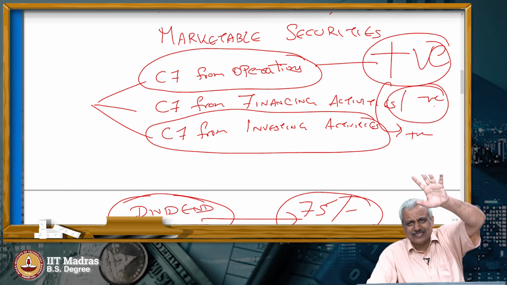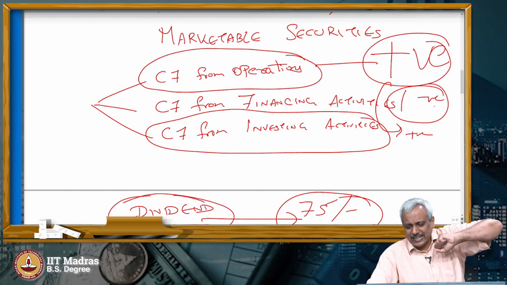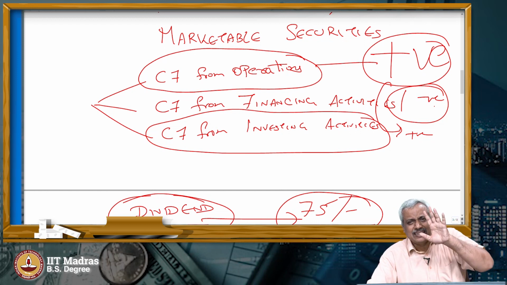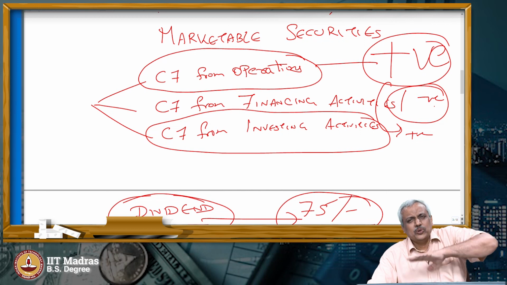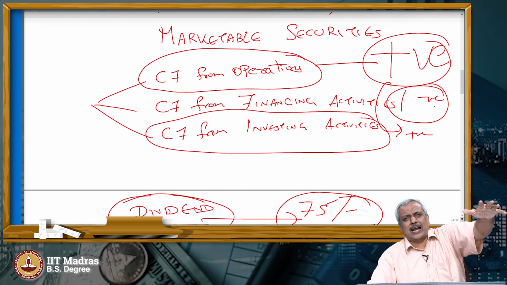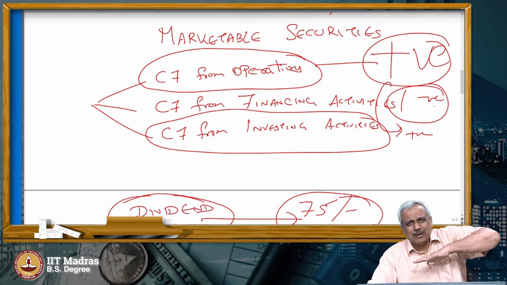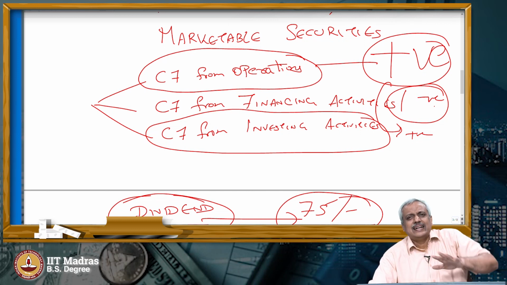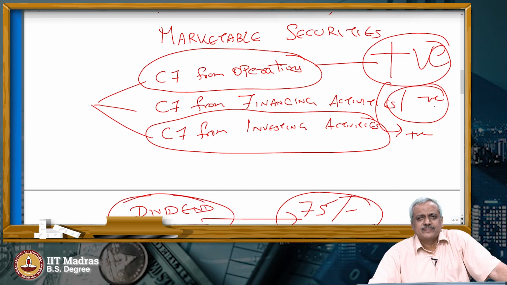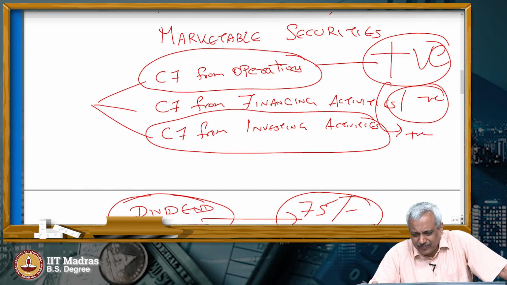So, for a company which has reached a steady state, I mean the companies where a huge amount of capacity expansion is not happening, I am growing with the growth in the market, you will have a significant positive cash flow in operation, which should be able to take care of cash outflows because of financing, and any cash inflow or outflow because of investing activity.